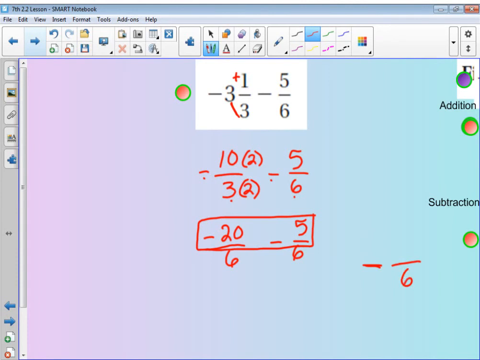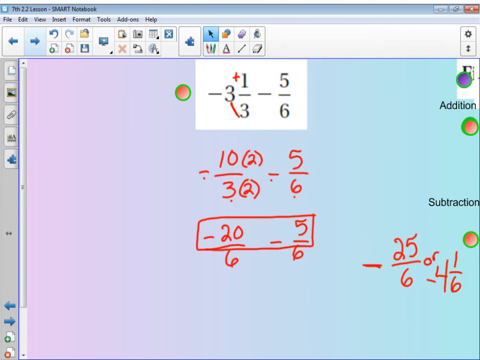Now a negative and a negative, those are the same symbol, so I'm going to find the sum. 20 and 5 is 25. So I get -25/6, or that would change into -4, which would put me at 24. I need one more to get to 25/6. So it's either -25/6 or -4 1/6.